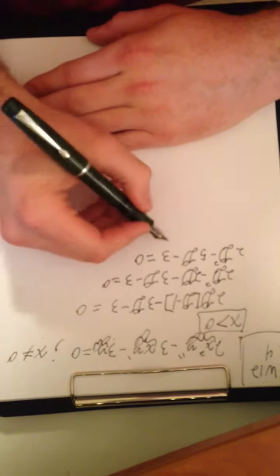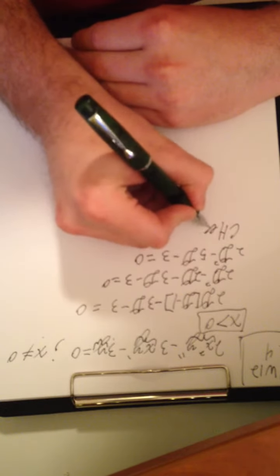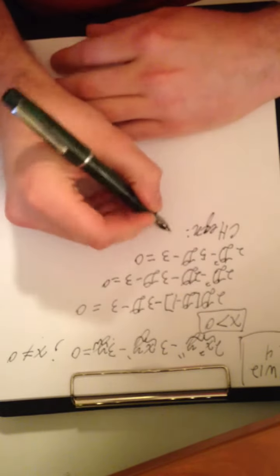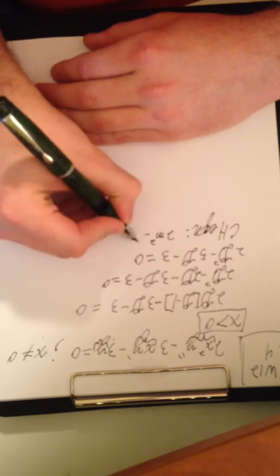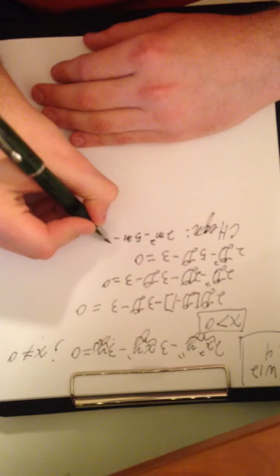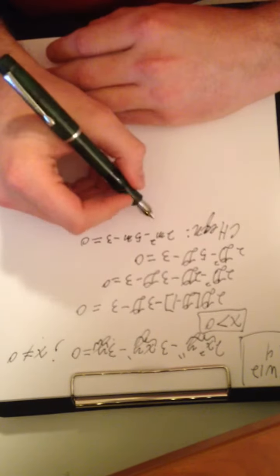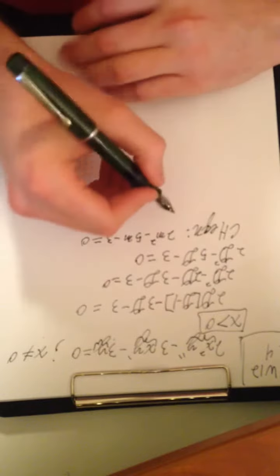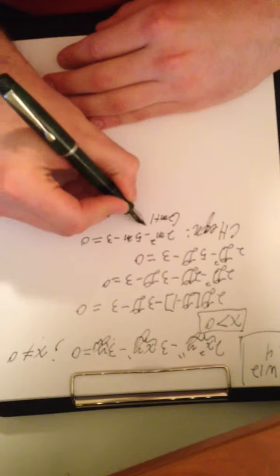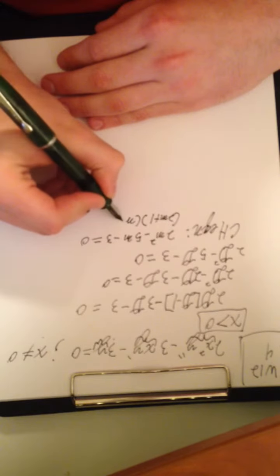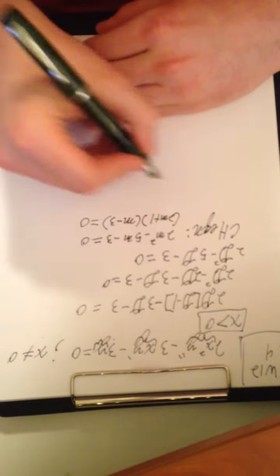Now we're going to put this into our characteristic equation, giving us 2m squared minus 5m minus 3 is equal to 0. Factoring it, we find it will be 2m plus 1 times m minus 3 is equal to 0.